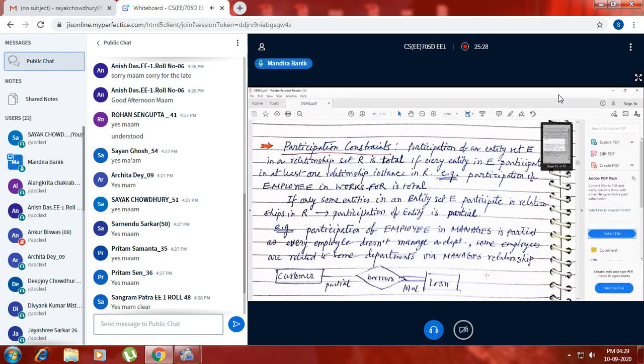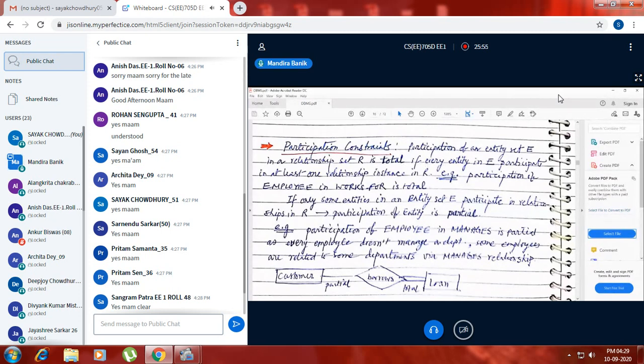Participation of an entity set E in a relationship set R, where the entity set is represented by capital E and the relationship set by capital R, is of two types: total and partial.